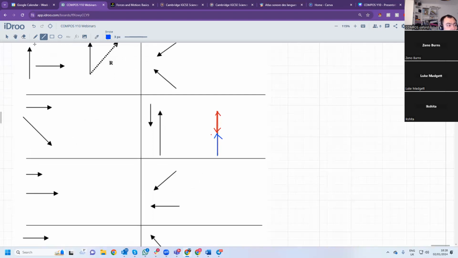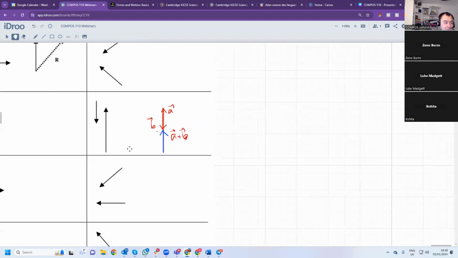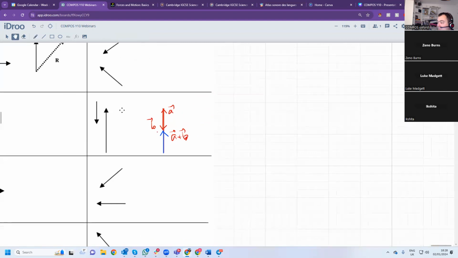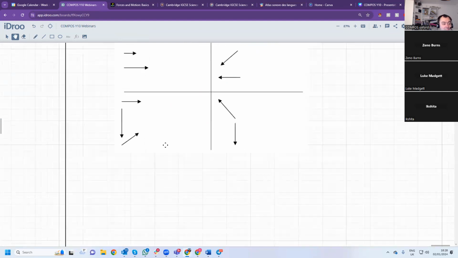This is A, this is B, this is A plus B. Okay, does that make sense? Okay, good. You could also just use common sense. If this is 8 and this is 3, the total is 5 up. Then, yeah. Okay, that's good.